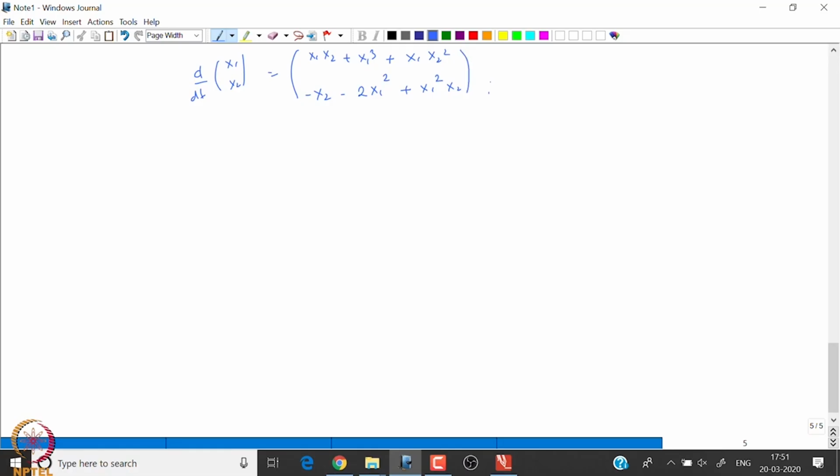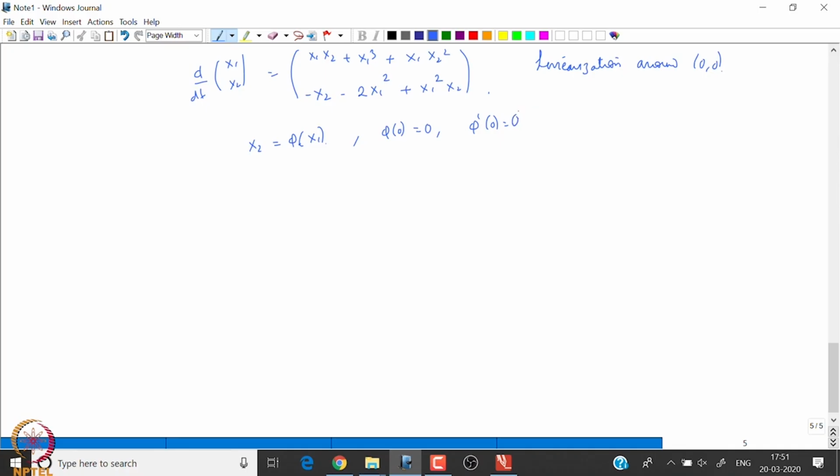I am looking at the linearization around 0, 0, and you see that it has a 0 eigenvalue, and I am looking for the center manifold of the form x2 is phi of x1, with phi of 0 equal to 0 and phi dash of 0 also equal to 0.